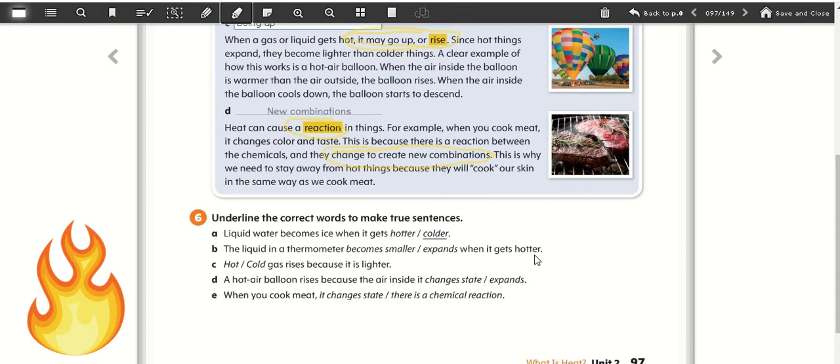Let's see. Letter A says liquid water becomes ice when it gets colder. That one is already done. Letter B. The liquid in a thermometer becomes smaller or expands when it gets hotter.